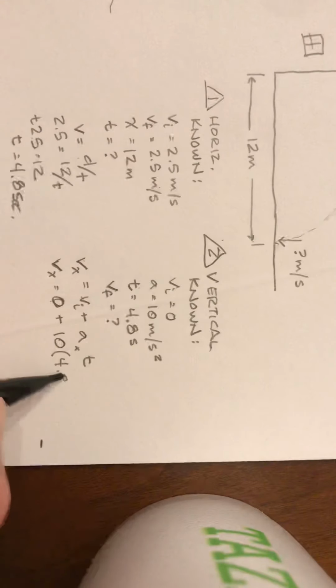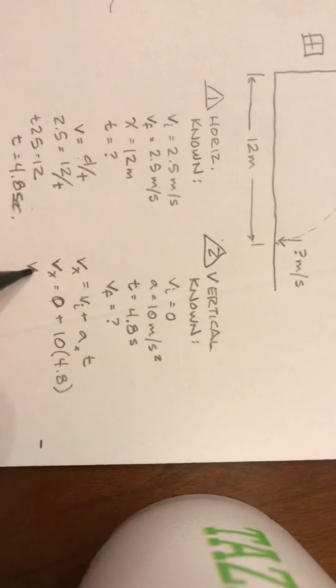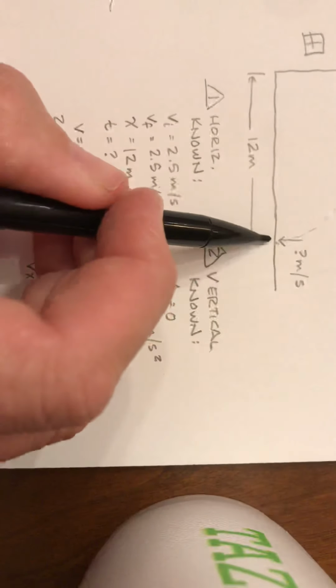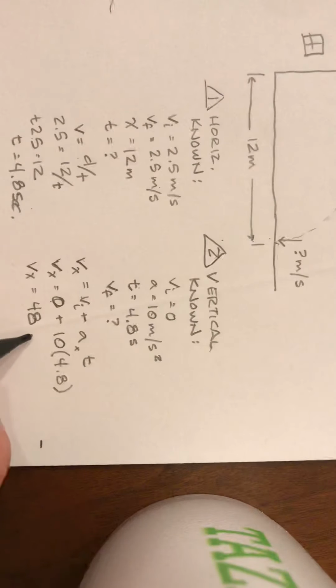And we know that this is 4.8, right? The time is 4.8. V equals, we can disregard that because it's a 0. 10 times 4.8 is 48. So our velocity in the vertical direction when we hit the ground with our pumpkin is going to be 48 meters per second.